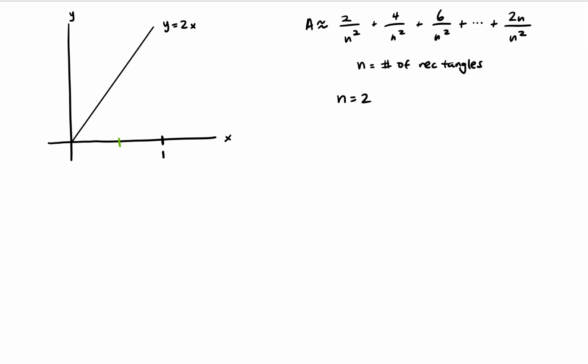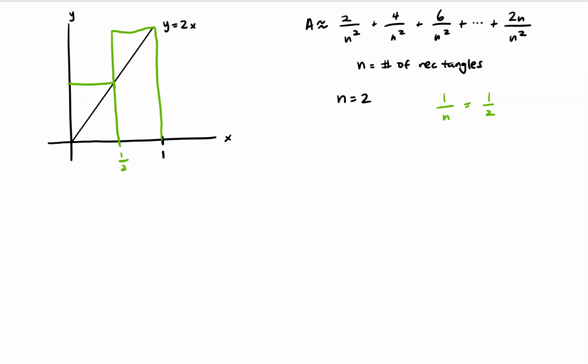So if we use 2 rectangles, then the base of each rectangle would be 1 over n, which is going to be 1 over 2. So, we're going to have two rectangles of equal width, and I'm going to draw one like this, and then I'm going to draw another one like that, and there's a lot of area above the line y equals 2x, and what ends up happening is we're going to be overestimating a good amount.